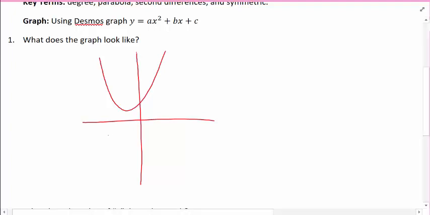If I were to describe this, what would I describe this as? A curve? Yeah. What else? A U? Yeah, okay. So it's a U.